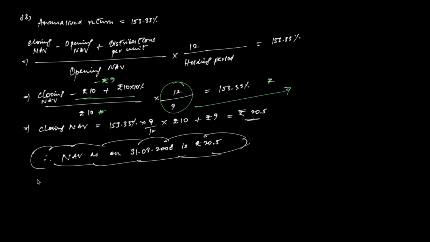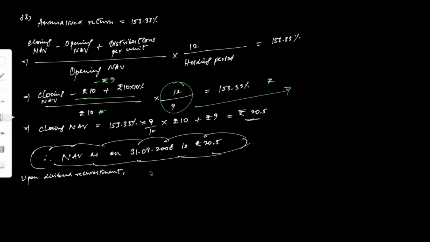Now, we know that dividends are reinvested, so we'll find out how many units will be there after reinvestment. Upon dividend reinvestment, additional units is equal to total dividend by NAV on 31/03/2008.